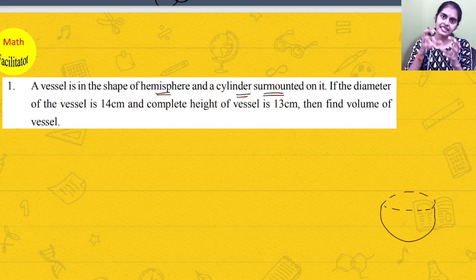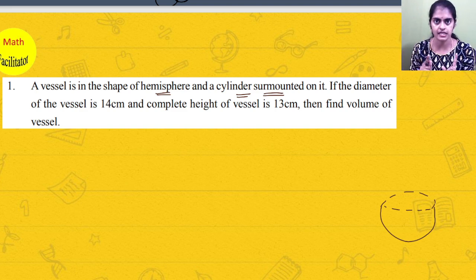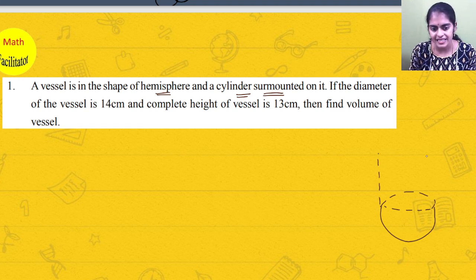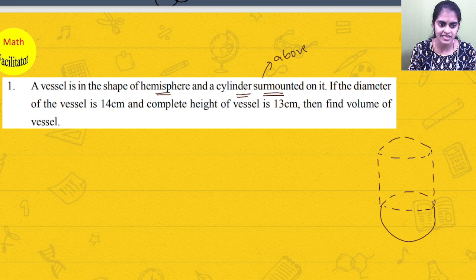Surmounted means the cylinder is above the hemisphere. Understand this: if they give you a vessel in the shape of a cylinder surmounted on a hemisphere, you have a cylinder above the hemisphere.